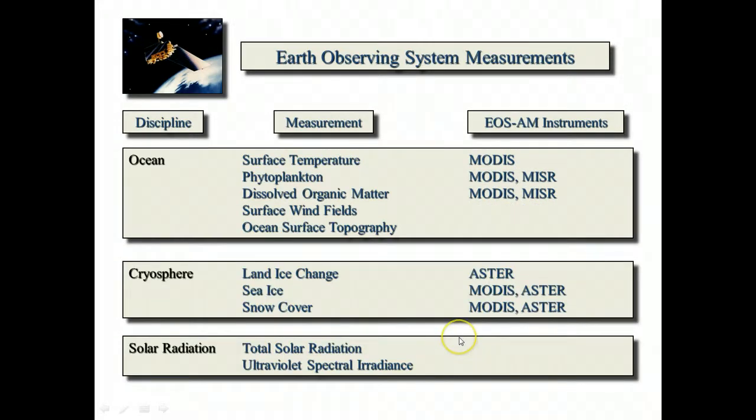And again, here are some additional phenomena that we can sense with some of the sensors on Terra. And this again just gives you a sense for how much there really is out there and what we can do with it.